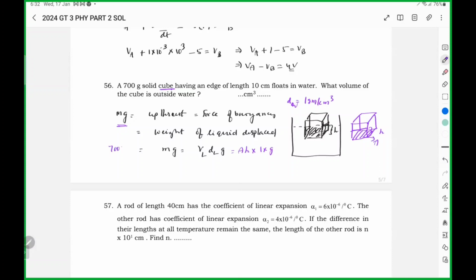So 700 grams into G. So 700 G is the area of a square, that is 10 square, times H. I will write 10 square H. So G gets cancelled.